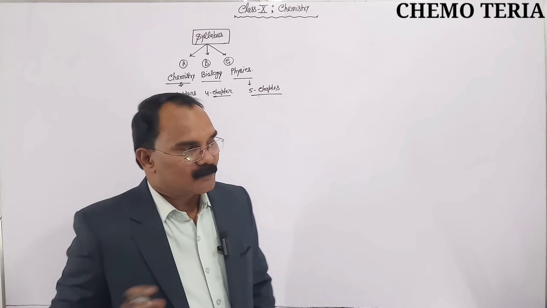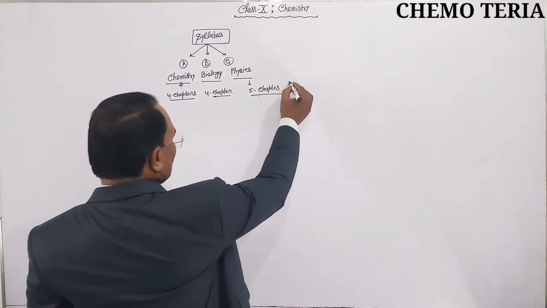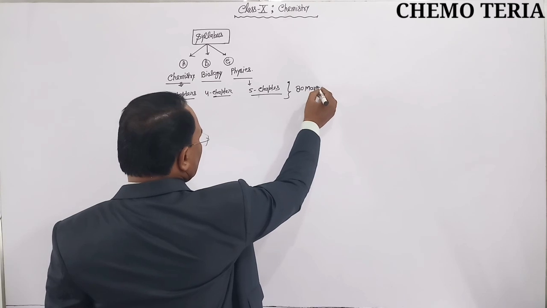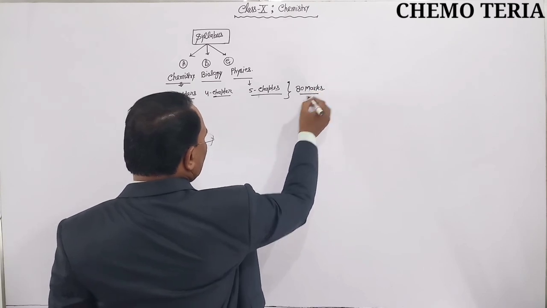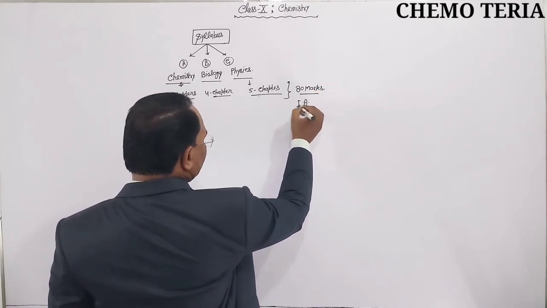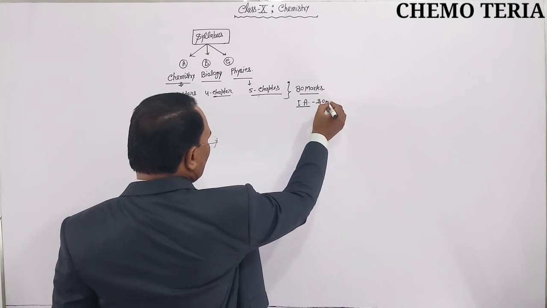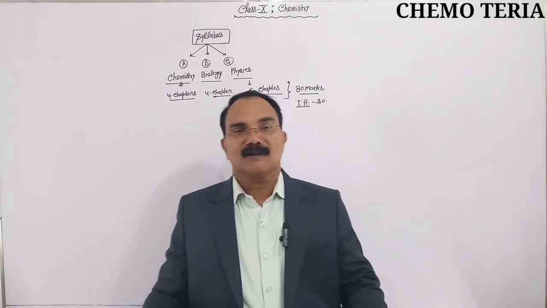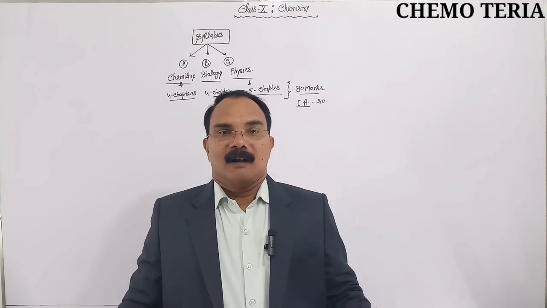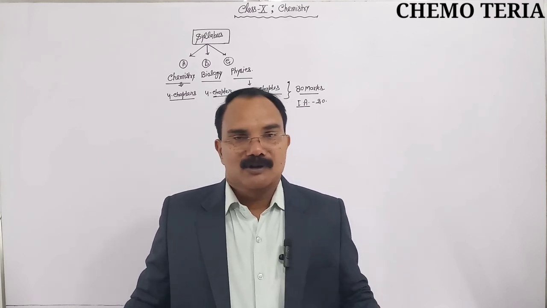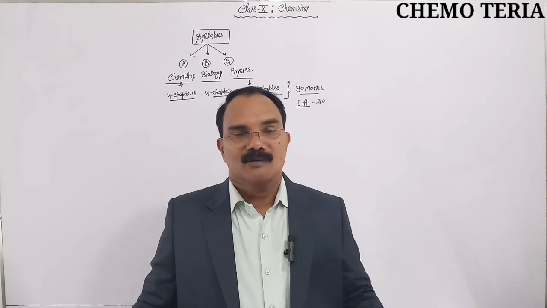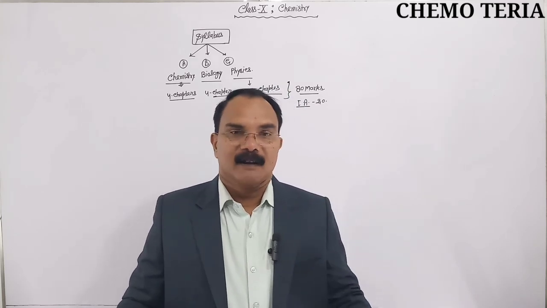A total of 80 marks of questions will be asked from the theoretical section, and the internal assessment is for 20 marks. These things were discussed in the previous video session, and I request you that if you have not seen that session, please go through it.